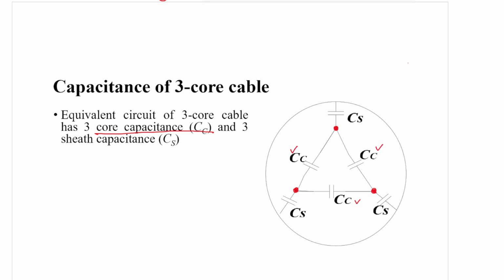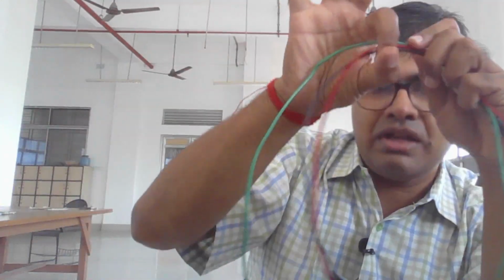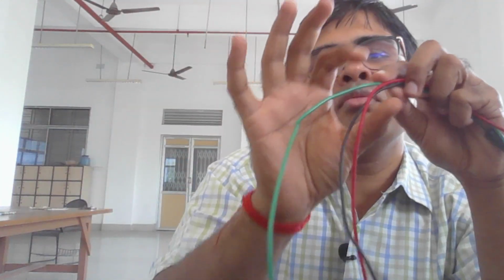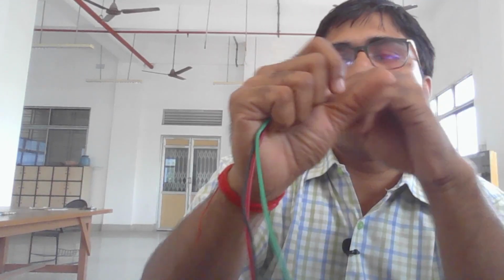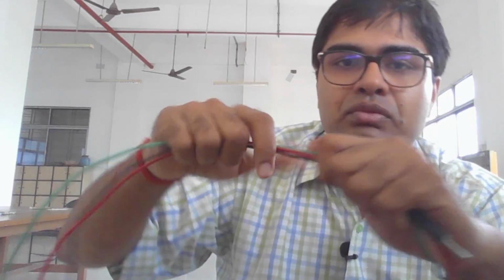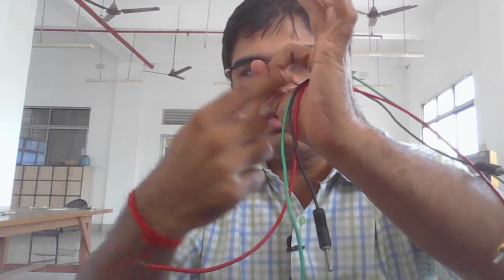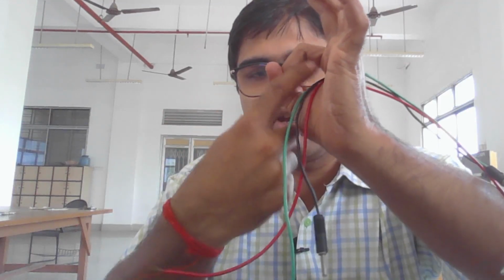Similarly, if this is the 3-core cable, surrounding that we have a sheath like this. From each core we have another dielectric medium up to the sheath, from the conductor up to my finger.